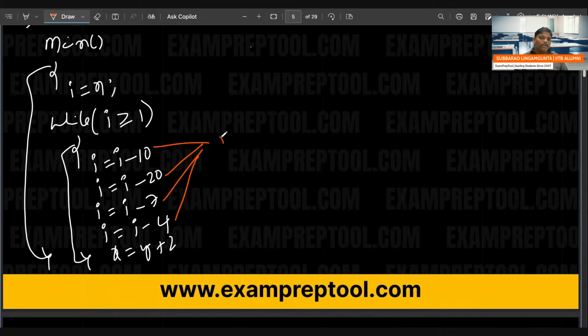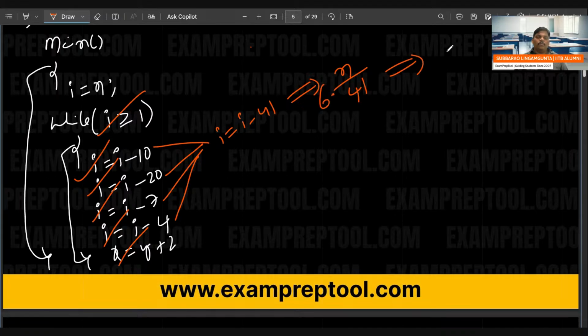I think it is going to be I is equal to I minus 41. Every time 41 decrementing, it is n by 41. So if you want, you can add these statements also: 1, 2, 3, 4, 5, 6 statements. So which is going to be bigger one is n, right? Finally, big O of n.